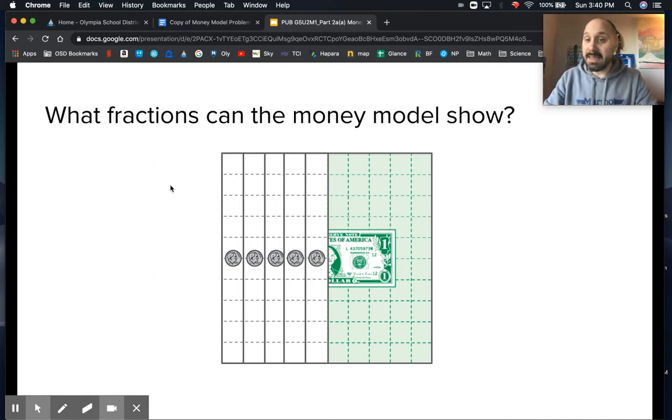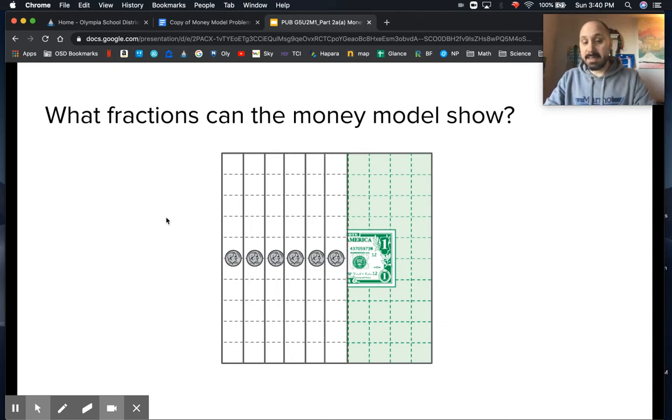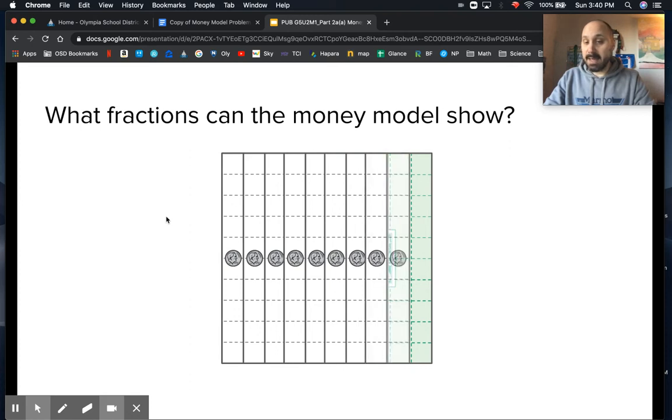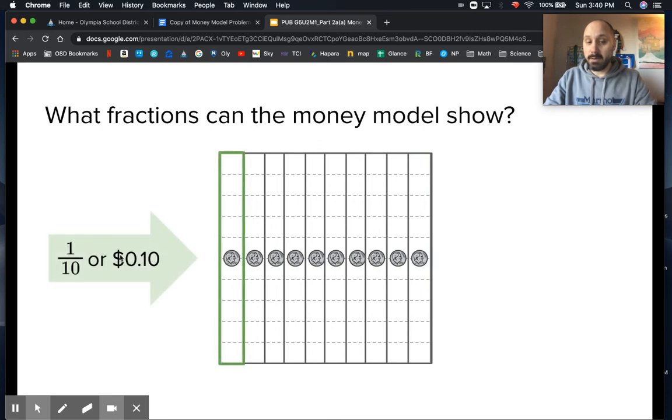So 5/10 is equivalent to 1/2. There's 6/10, 7/10, 8/10, 9/10, and 10/10. 10 dimes make one whole dollar, right? So over here it says 1/10 is equivalent to 10 cents.